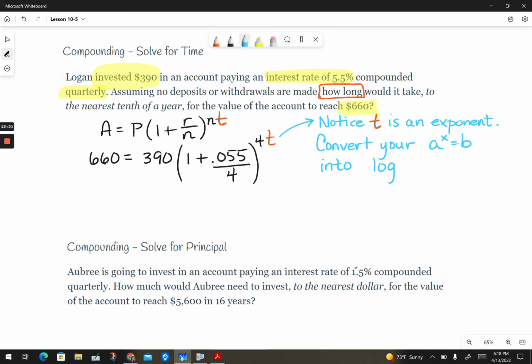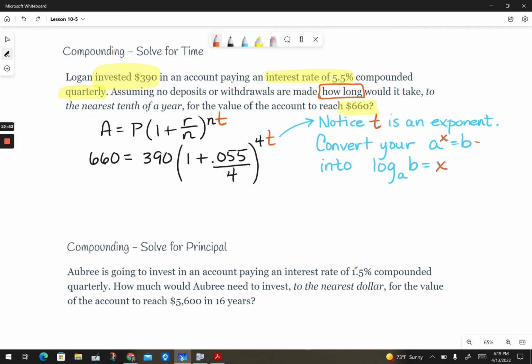Because if you notice, in rewriting the equation from exponential into log, you end up isolating the exponent that you're looking for. So a to the x equals b, if you're solving for x, notice in this particular setup, our x is not isolated. But if I rewrote it in logarithmic form, notice now my x will be isolated.